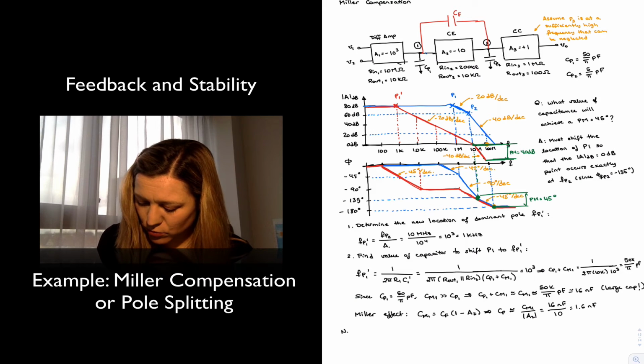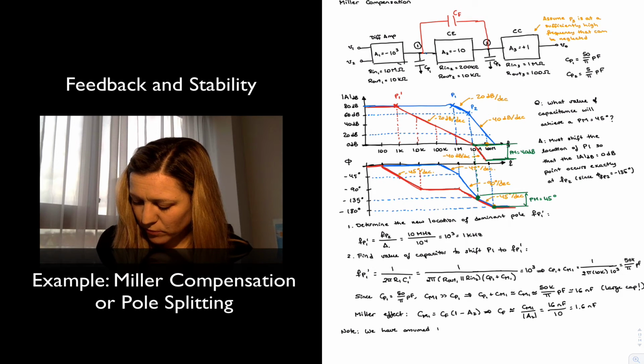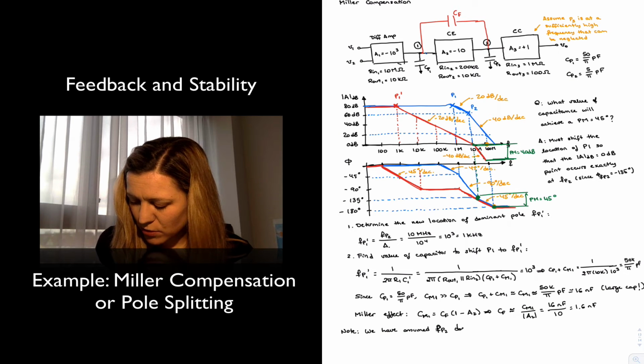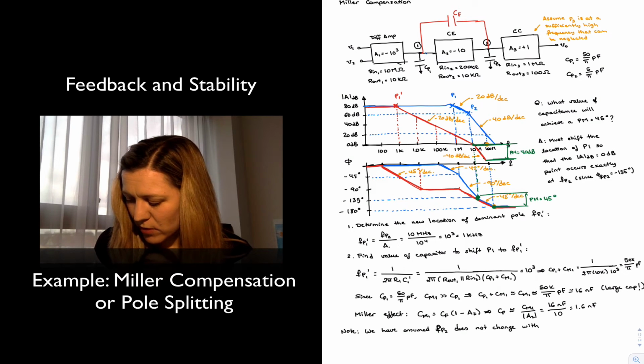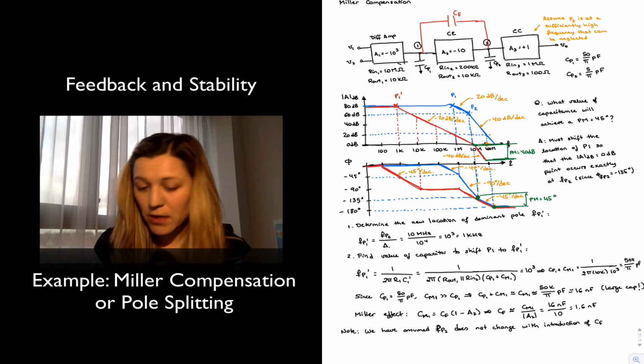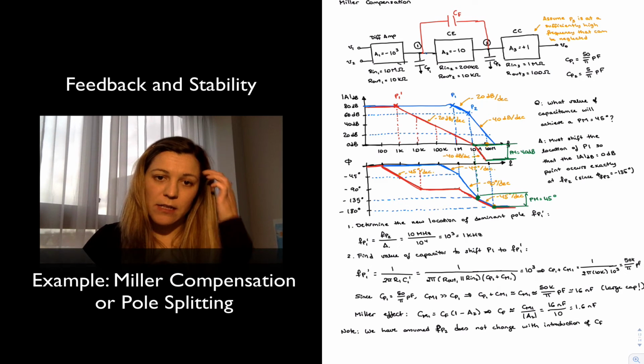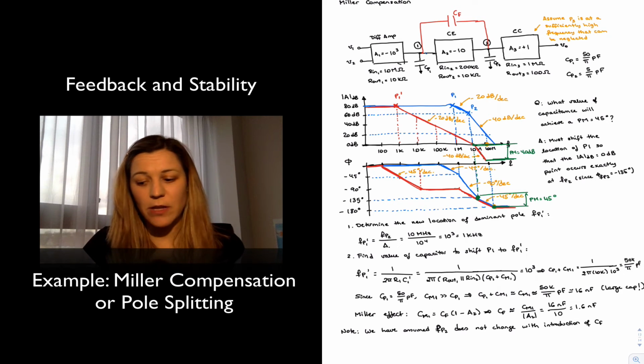And so, a little note: we have assumed FP2 does not change with the introduction of CF. In all reality, it changes, and it typically is going to be shifted to the right.